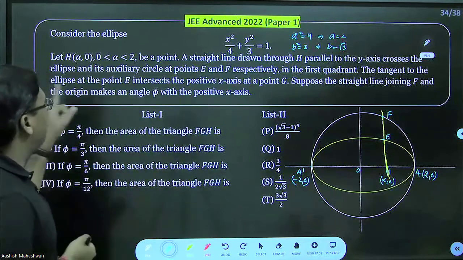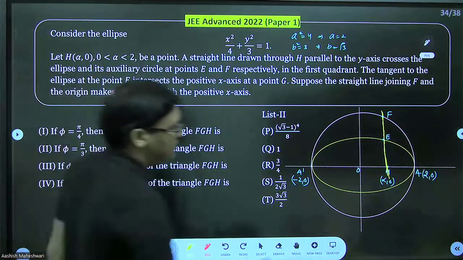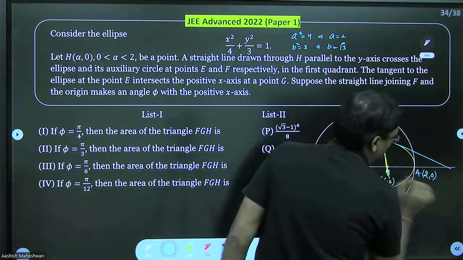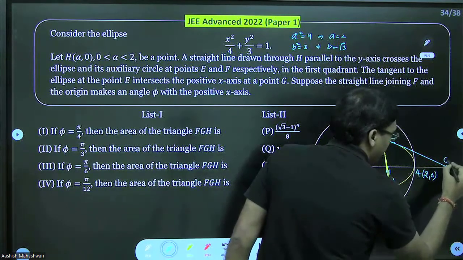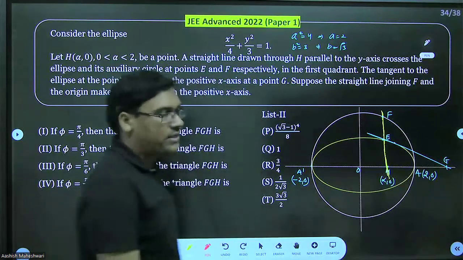The tangent to the ellipse at E intersects the positive x-axis at point G. That means the tangent we have drawn at E, let's say this is the tangent at E, is intersecting the x-axis, positive axis, at G. This is the tangent at point E.